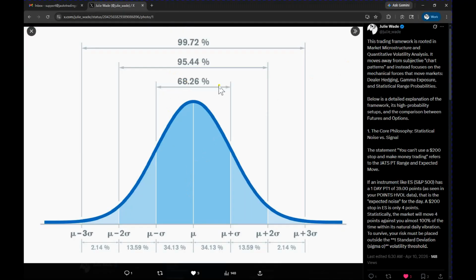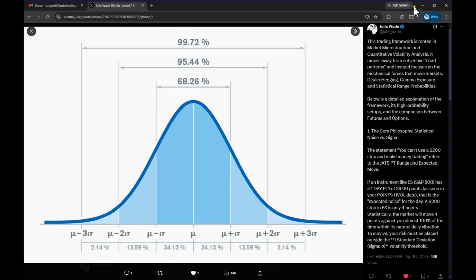So you can see that 68% is inside this one huge thing, right? So that is 34% of each side of the mean. So it's from the mean to the one is 34%. But it's also at the end of the 68% range. So that 34, 68 line is what is hit so many times.